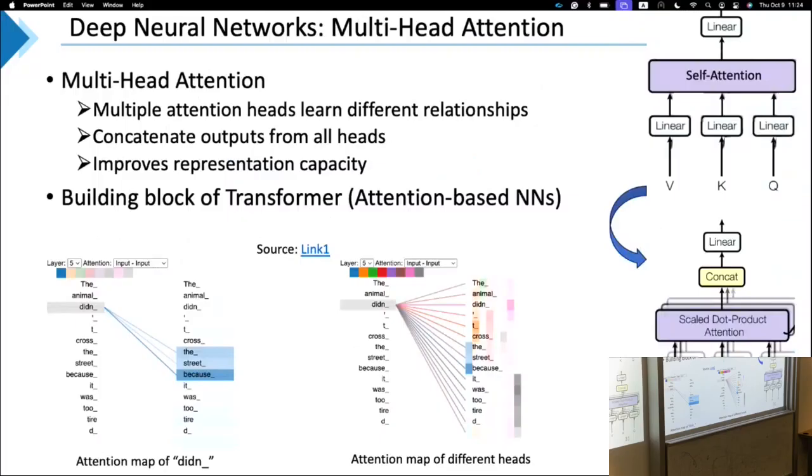Now, we have the single head attention. The original paper, Attention Is All You Need, introduced multi-head self-attention. Here, I also put an example to show what it means. This is the attention map of a single head attention. You can see we only have one attention map because we only have a single head.